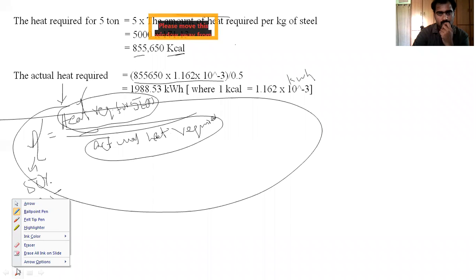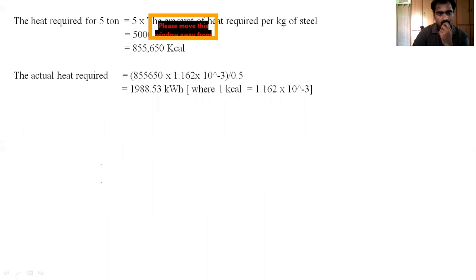I think you all noted, so I am erasing all these things. Now we have calculated the actual heat. From this data we can consider the power input.